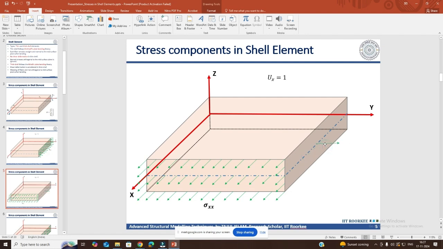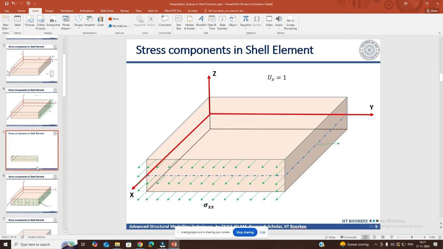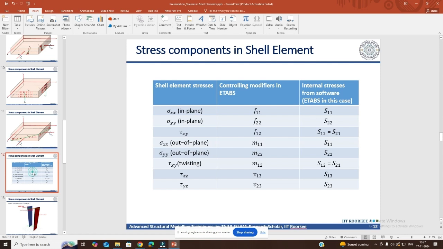This is your 1-1 direction, meaning the y plane here is the 1-1 direction according to the shell definition in ETABS, and this plane where arrows are already acting, stresses, this is the 2-2 direction in case of ETABS. Okay, so according to that, if you want to control sigma xx in ETABS, so what you have to do is, sorry, this is F22 not F11 by mistake, this is S22.